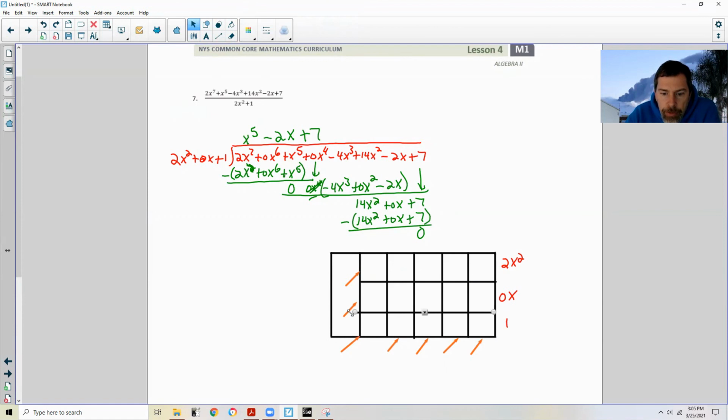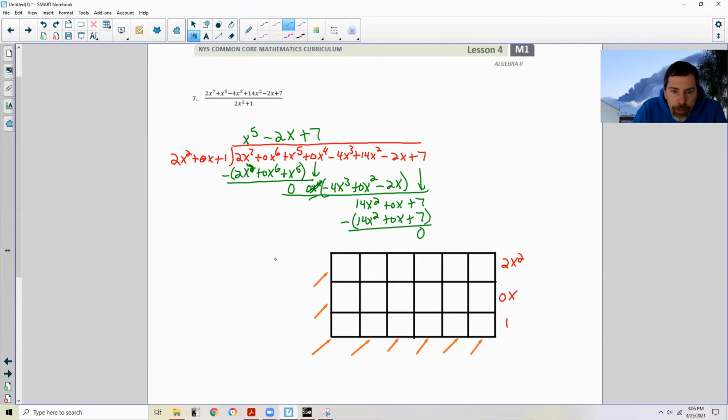Drag these out. Move this here. Move this one here. Put this one here. Put this one here. All right, so 1, 2, 3, 4, 5, 6, 7, 8. There we go. Now we got her.